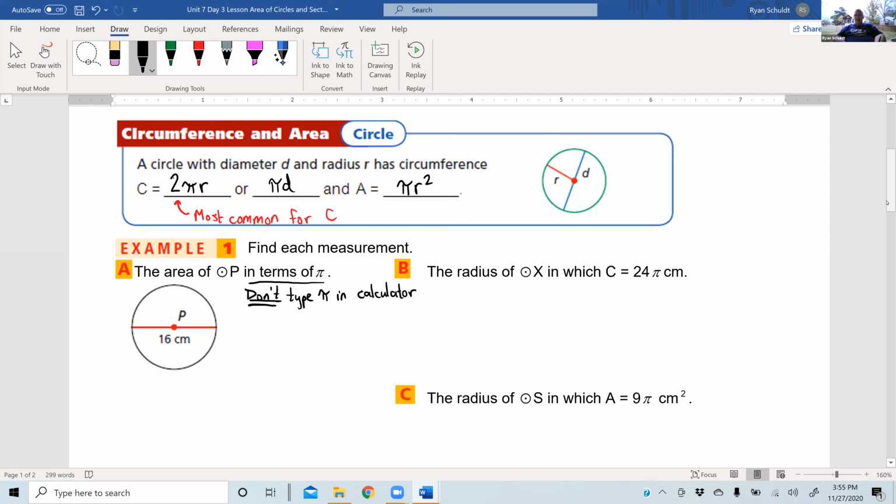They want us to find the area. So area is pi r squared. Now, what is this 16 that they give me? It goes all the way across. This is a diameter. That's not what I need. To get the radius, all you have to do is divide the diameter by 2. So the radius is 16 divided by 2, which is 8.